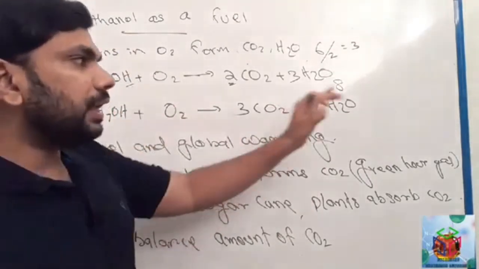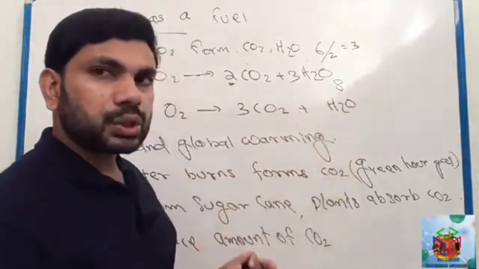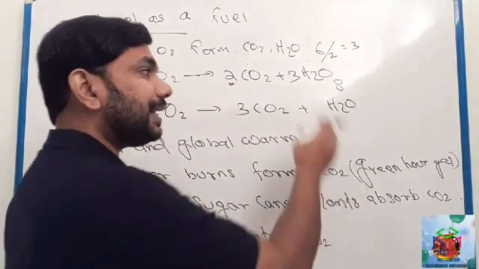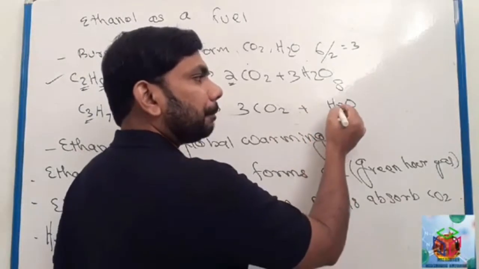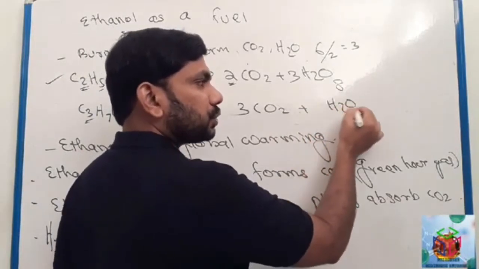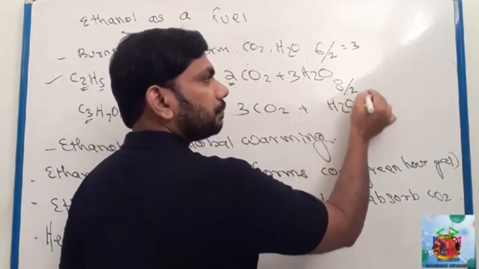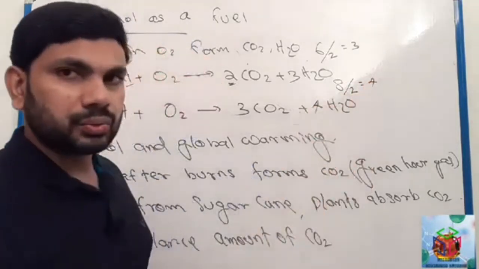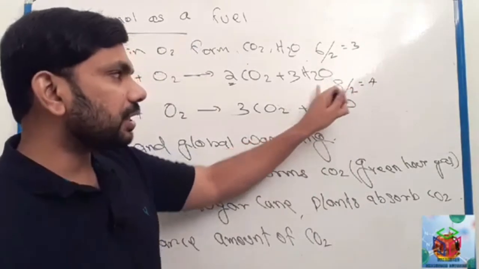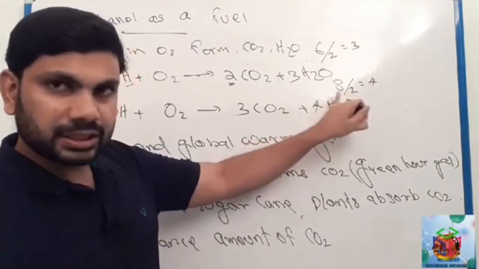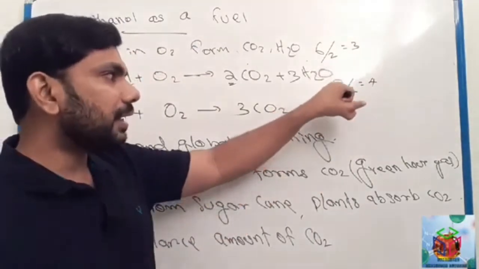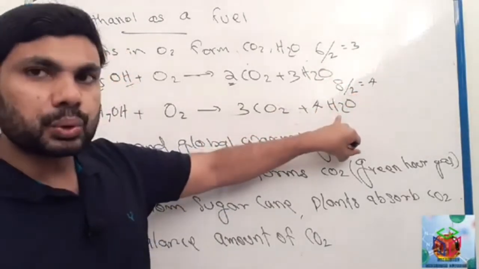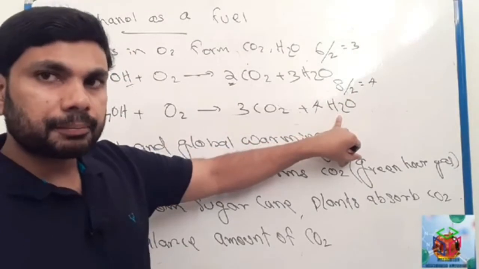So on the right hand side we also need 8 hydrogen. But this is H2O, so we divide by 2, which is 4. So 4 H2O, 4 times 2 is 8. Clear?